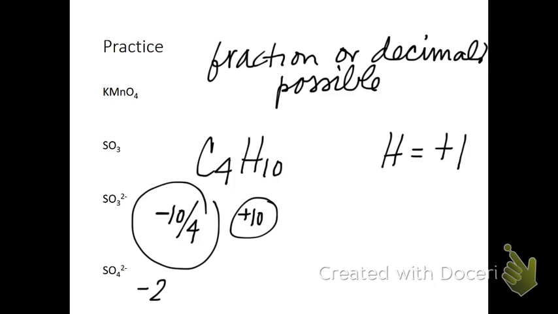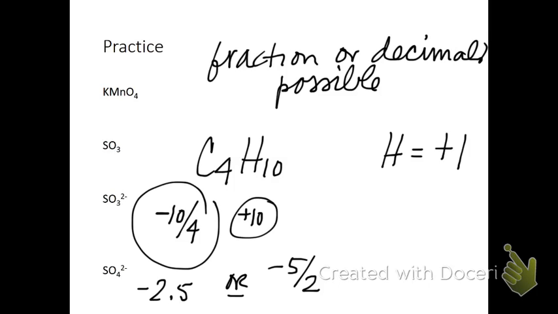You could write it as -2.5, or you could reduce that fraction and do -5/2. All 3 of those would be acceptable for carbon. And it's because, obviously, we can't divide that by an even number, right? So there are occasions when you will get a fraction or a decimal. Any of those ways I would accept if you wrote it that way.